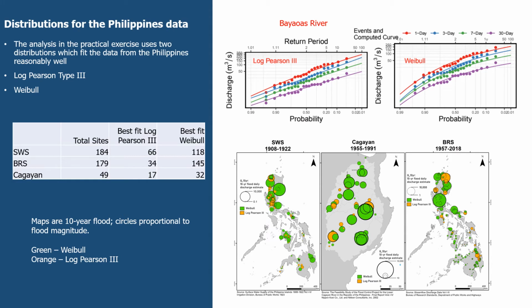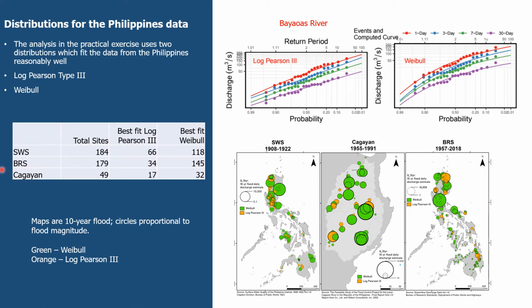In the Philippines data set we're talking about and you're going to be using, two distributions have been fitted, the log Pearson type 3 and also a distribution called the Weibull distribution. They both work quite well in the Philippines, and actually we've found that some of them work better in certain parts of the Philippines and the other one in other parts.